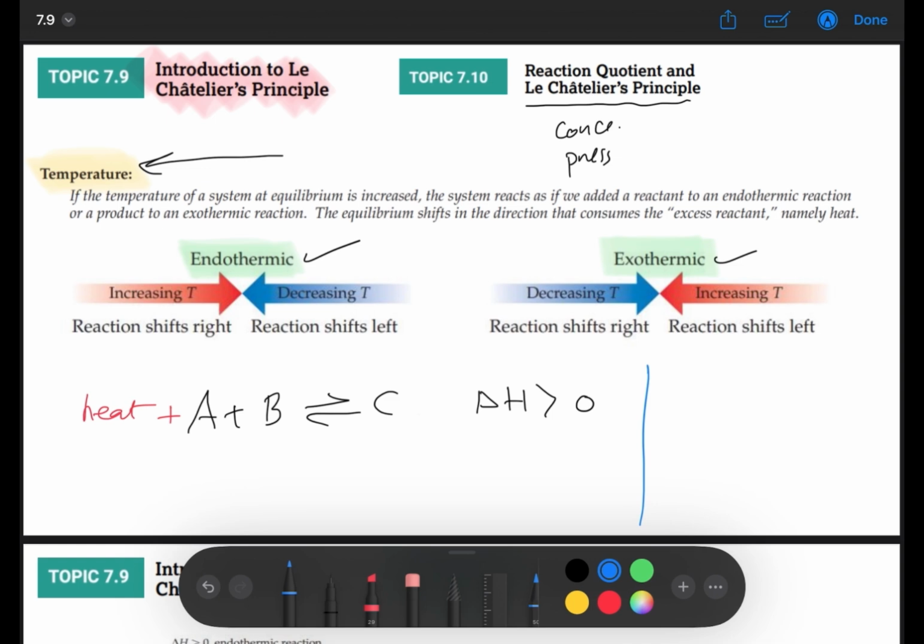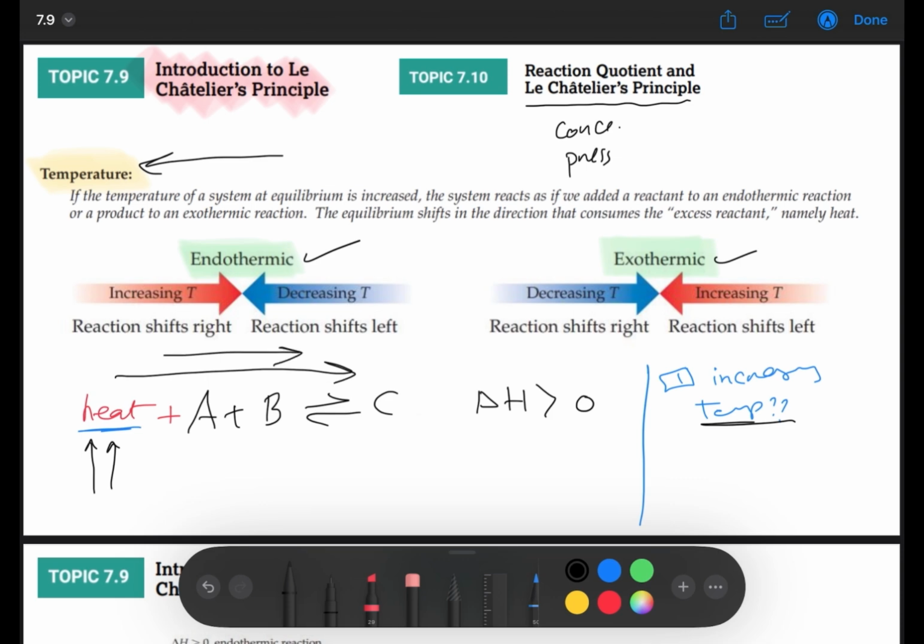What will happen to the direction as a result of increasing the temperature? First of all, we're going to treat heat as a reactant. As we increase the temperature, I have to increase it like this, and the reaction will shift to form more products and consume more reactant.